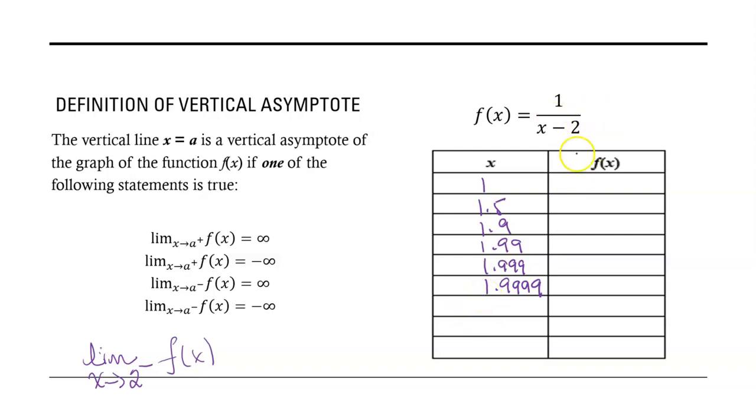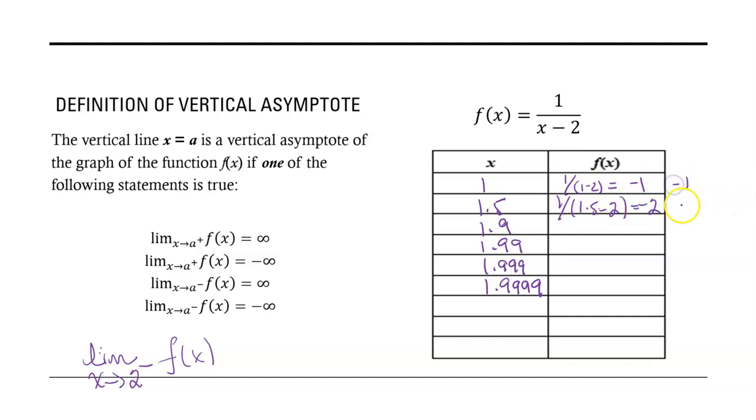So what are my function values? Well, for this first x value, I have 1 over the quantity 1 minus 2, which is equal to negative 1. And then we go down to our next value, 1.5, and that would be 1 over 1.5 minus 2, which is 1 over negative 1/2, which is negative 2.